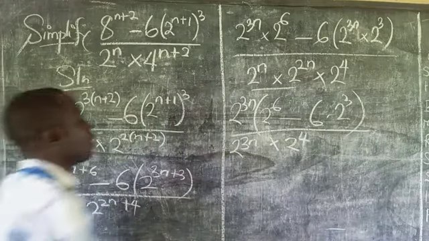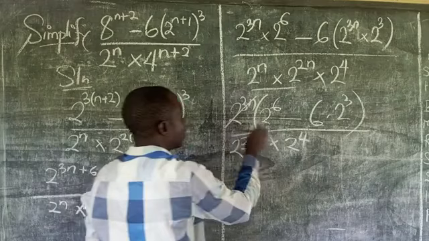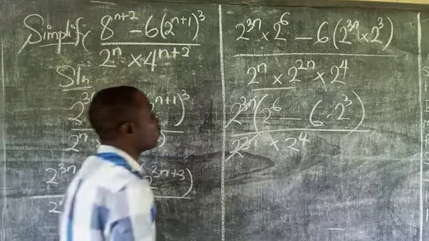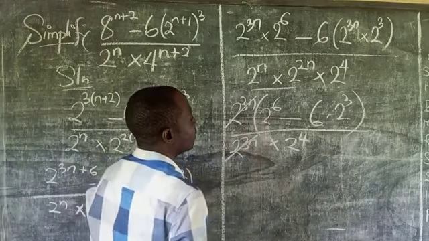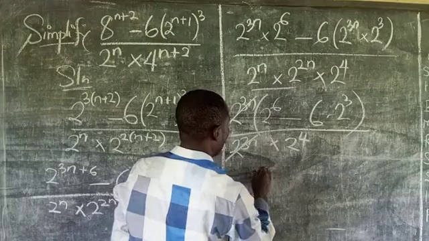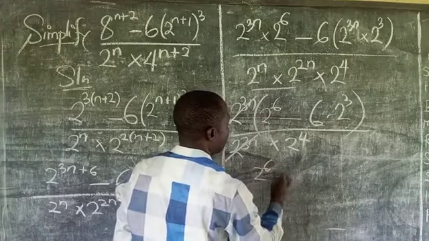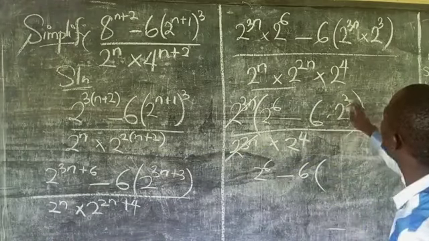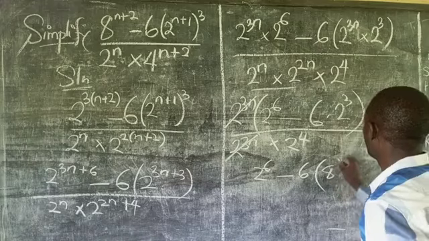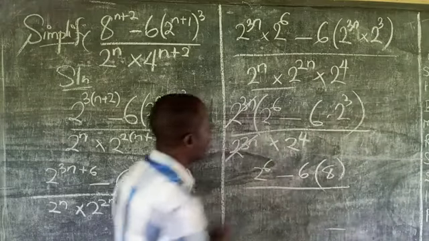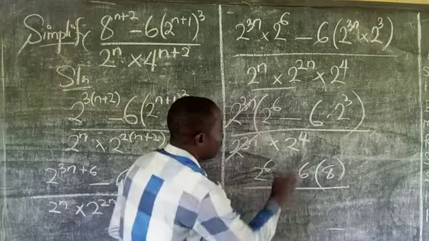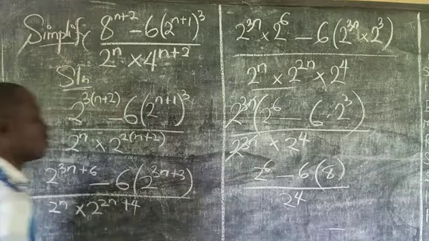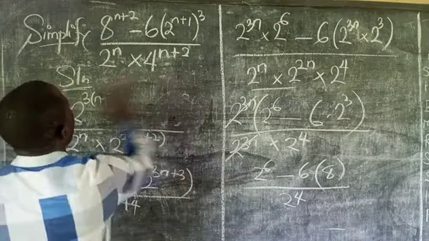You see that? So this can cancel out successfully. We'll be left with 2 raised to the power 6 minus 6 times 2 raised to the power 3, which is 8, all over 2 raised to the power 4. Alright, so we continue from here.